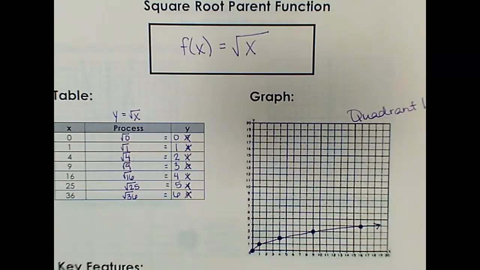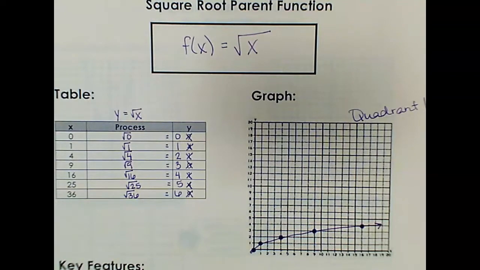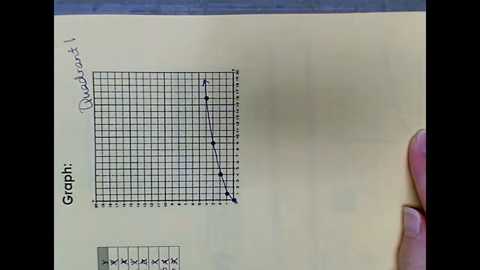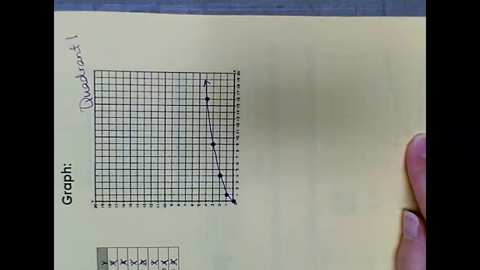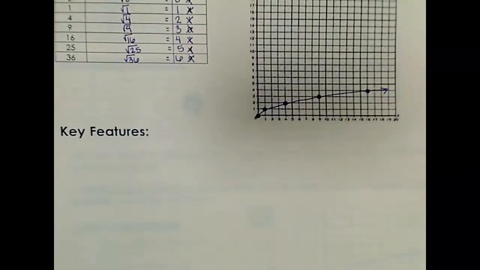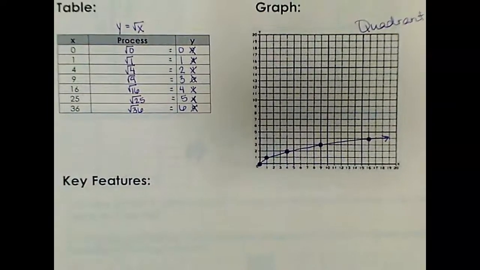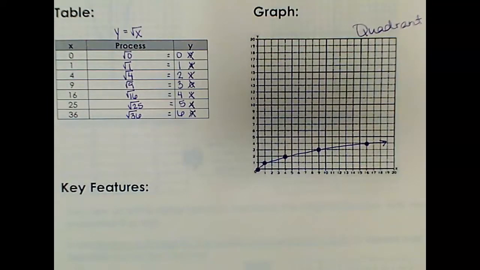Now, I'd like for you to just think for a moment what it kind of looks like. Even if I turn it this way, think about what it kind of resembles. And just hold that thought to yourself. What does it resemble? What does it sort of look like? Now, some key features of this parent function are that it has a point at 0, 0.